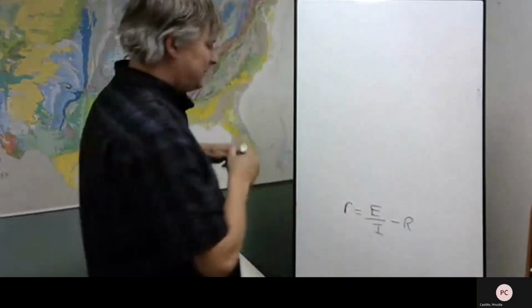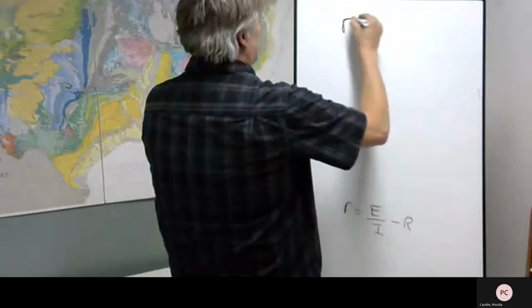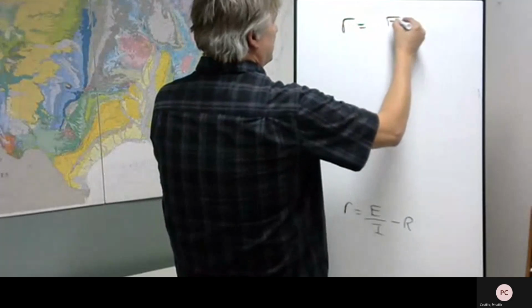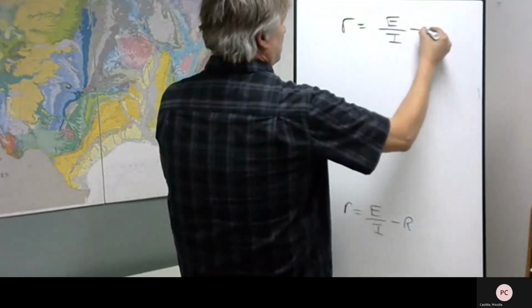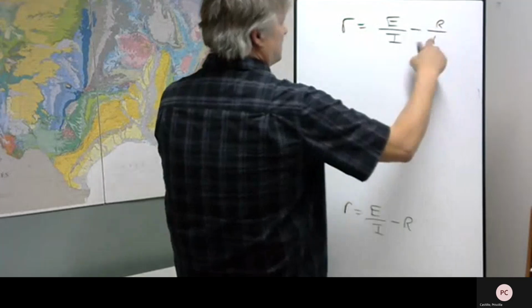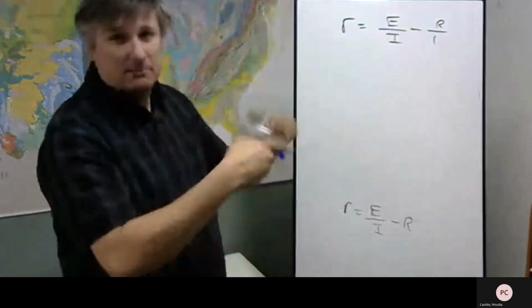So the way you could do this, we need a common denominator. Again, there's that invisible 1 there. I'll make it become visible.